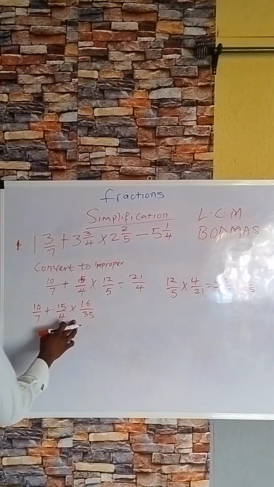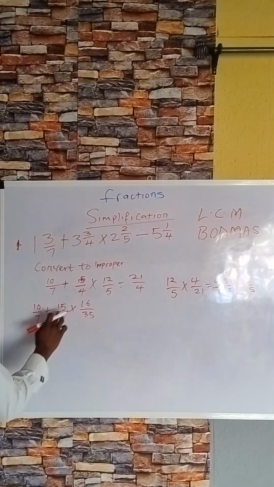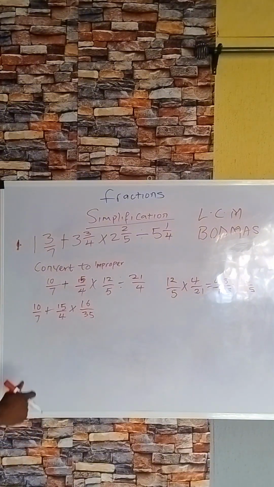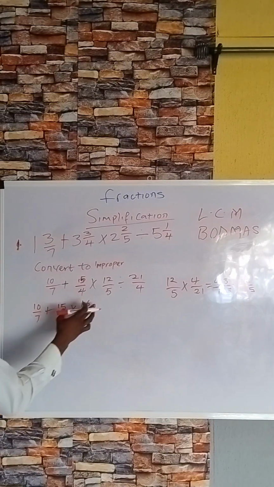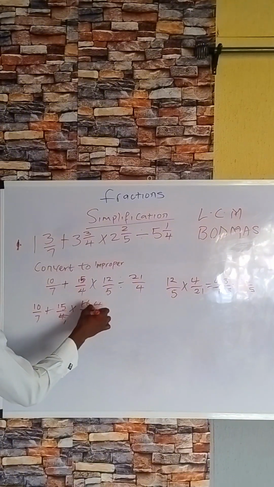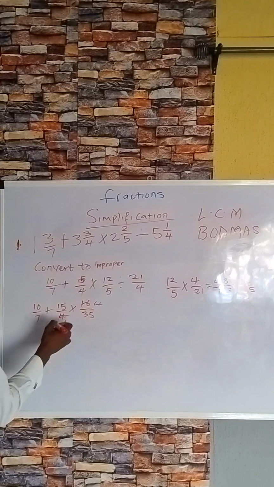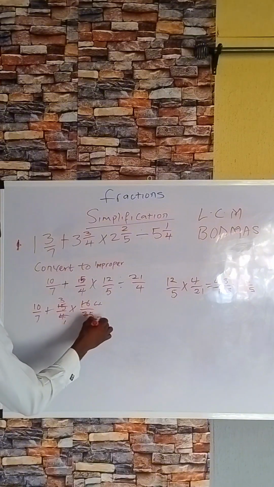We have a multiplication sign. In multiplication, we are supposed to multiply directly. So let's check, is there any factor that can divide this? There is 4 here, 4 here, 1, 4 here will give you 4. And then 5 can go here, 5 here, 3, and 5 here will give you 7.